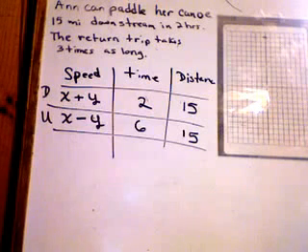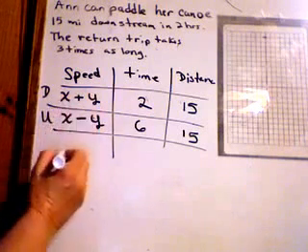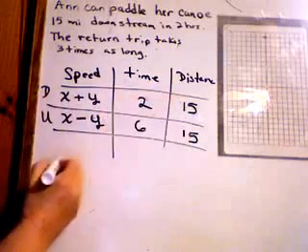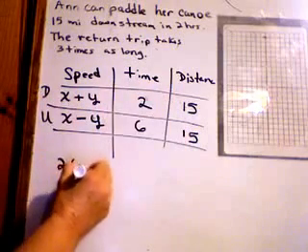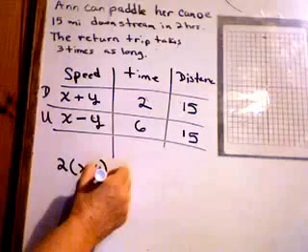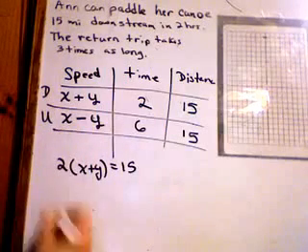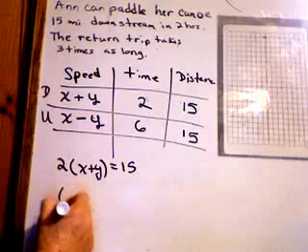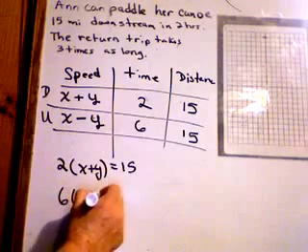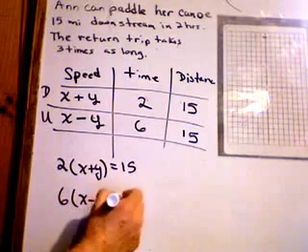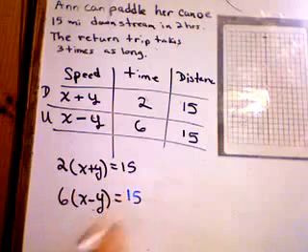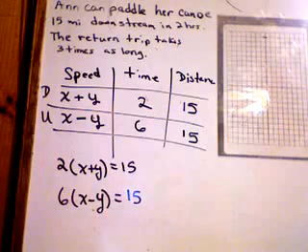Any thoughts? How about speed times time equals distance? So 2 times (x plus y) equals 15. And how about this one? 6 times (x minus y) also equals 15, right? Same distance both ways.